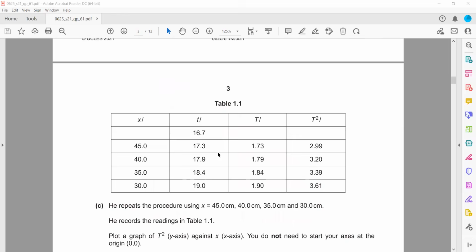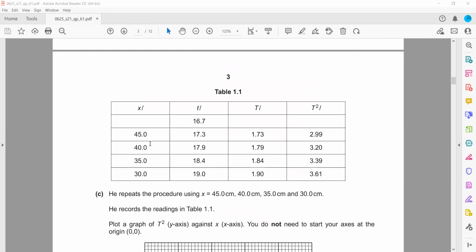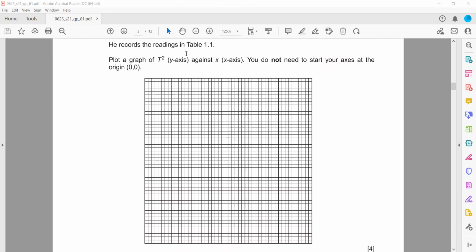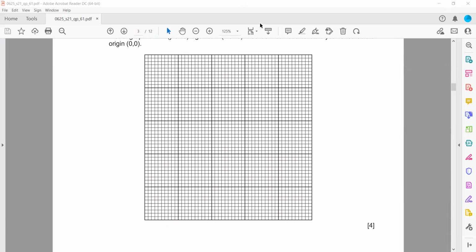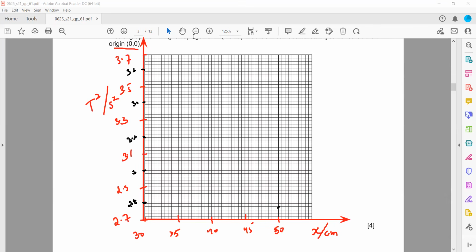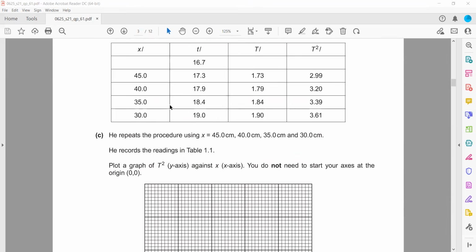Then the second value, for 45, it is 2.99. So for 45, it is 2.99, somewhat here. Then the third value at 40 is 3.2.